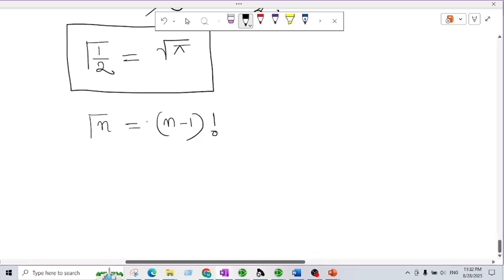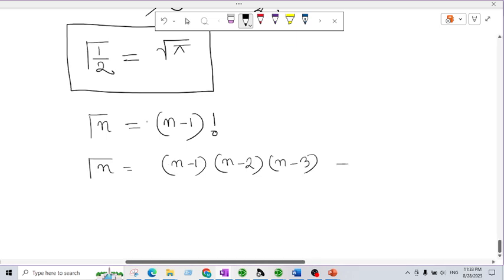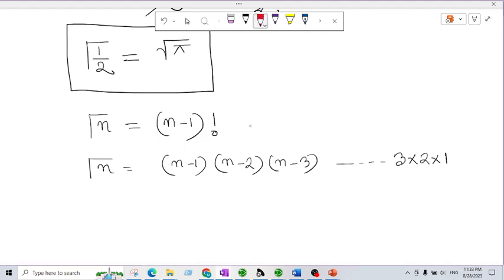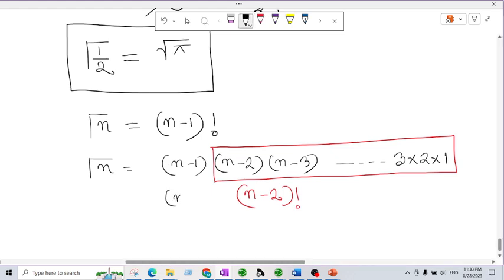From the previous video we see that gamma n is equal to n minus 1 factorial, and this n minus 1 factorial can be written as n minus 1, then n minus 2, then n minus 3, up to 3, 2, 1. Now let's see what this part is. This part is simply equal to n minus 2 factorial, right? So this is n minus 1, then gamma n.